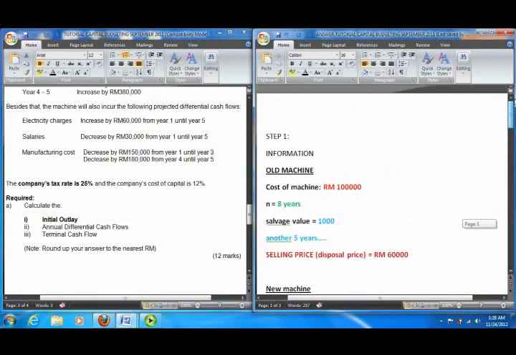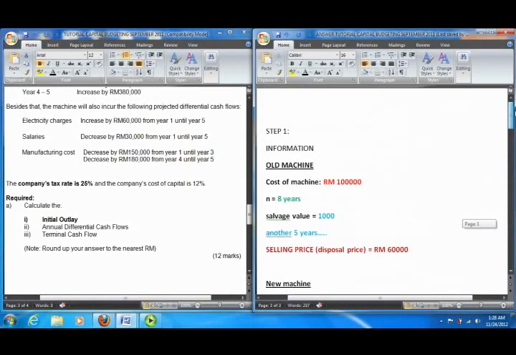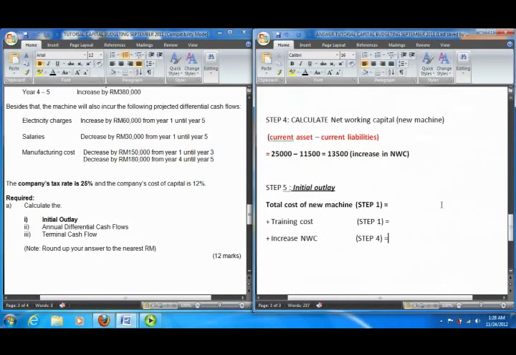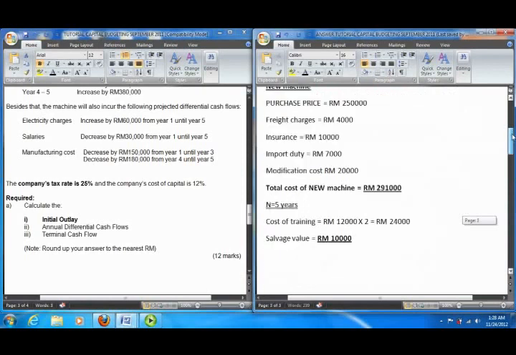Come, we put in the answers. Total cost of your new machine is 291,000. Your training cost is 24,000. How do you get your 24,000?